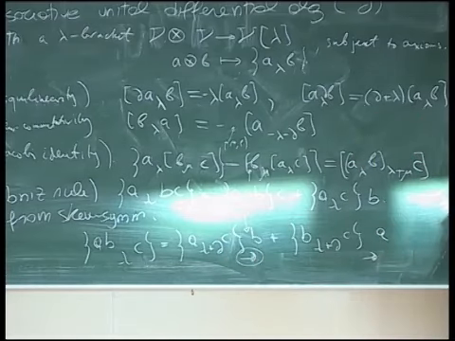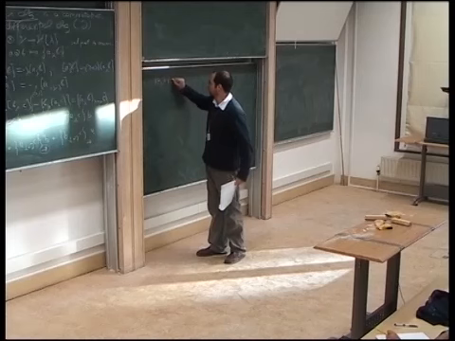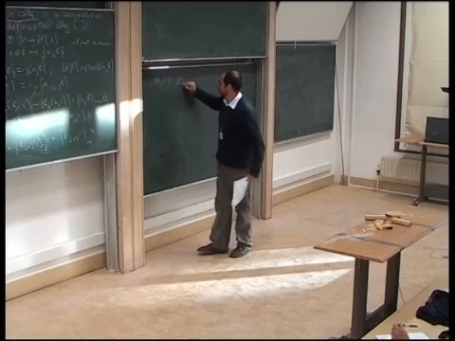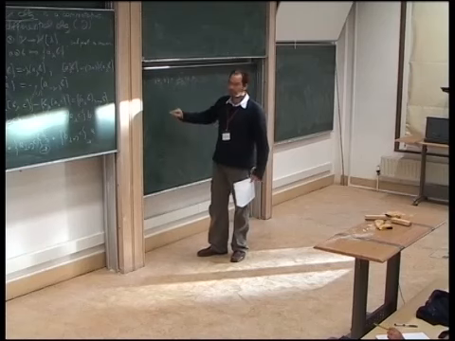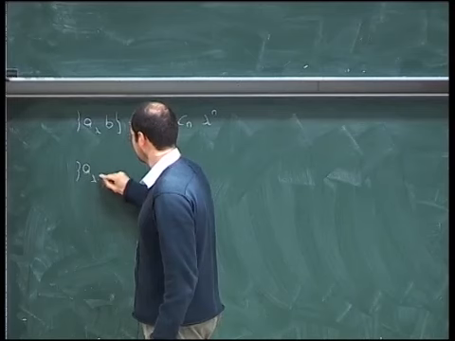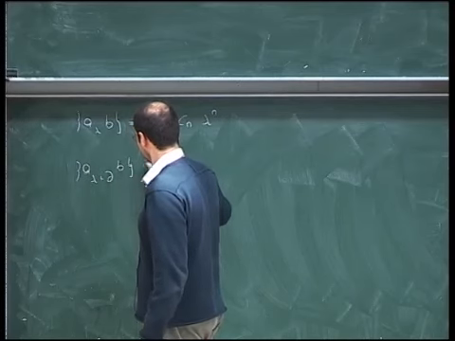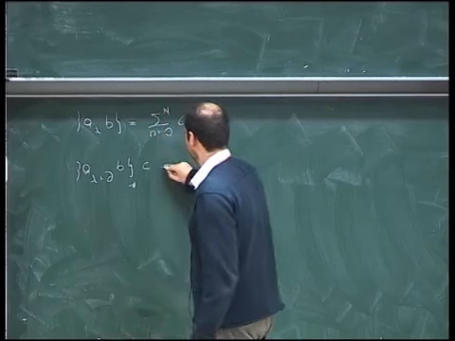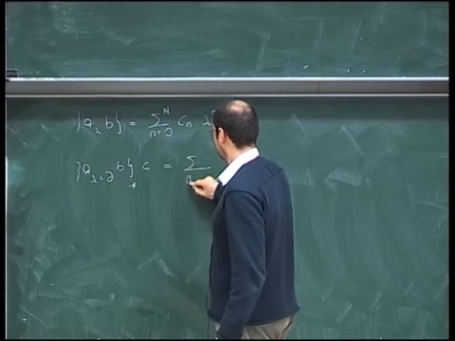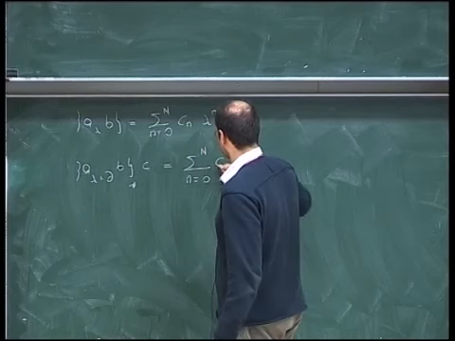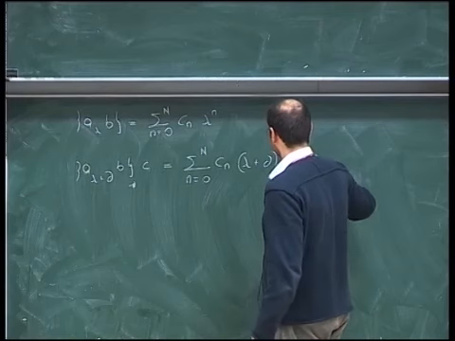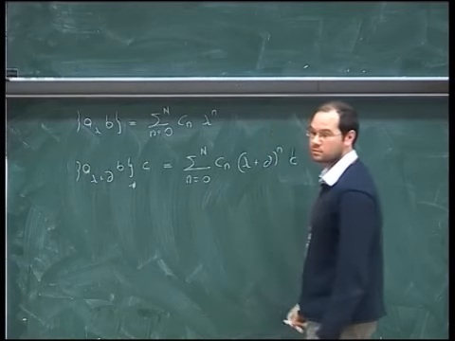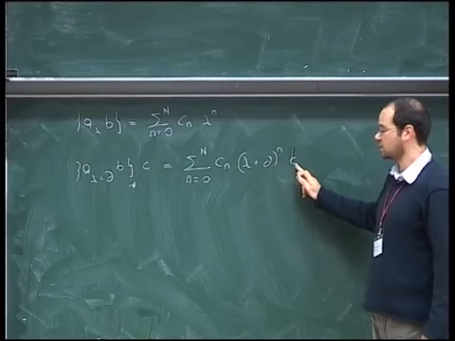A lambda B is a polynomial in lambda. So what does it mean? A lambda plus D B C with this arrow, by definition, means the sum for n from 0 to N of C_n lambda plus D to the n, where this D is acting on this element.